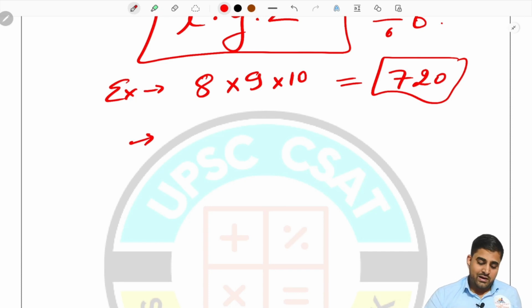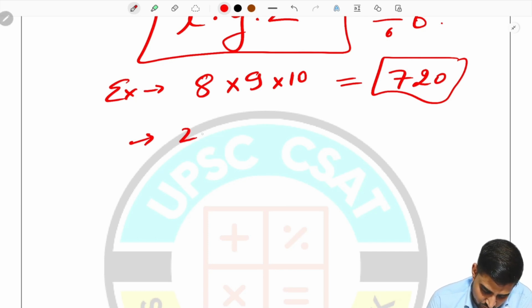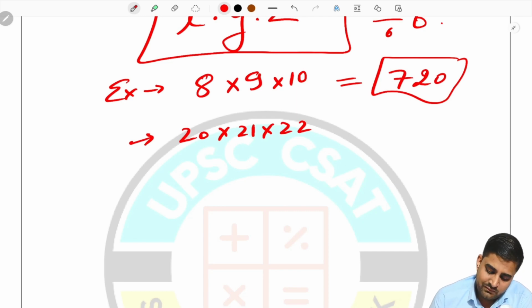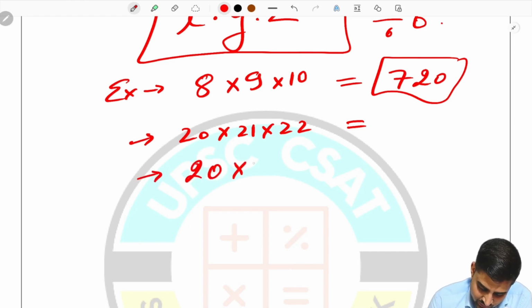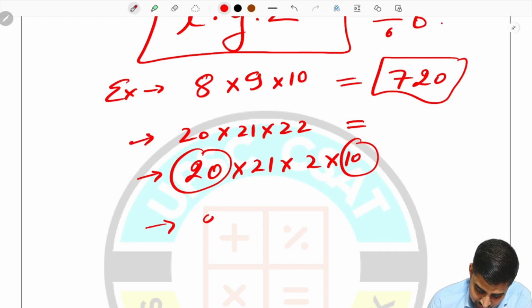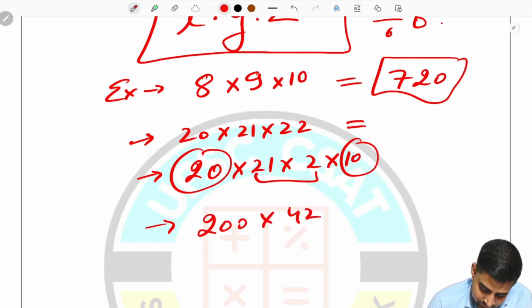Actually, to avoid calculation, I'm not taking the big ones, but let us say 20, 21, 22. It's a big one. Okay, let's see. Let's learn some calculation. 21, 2 into 10. This becomes 200. Okay, 200 into 42.